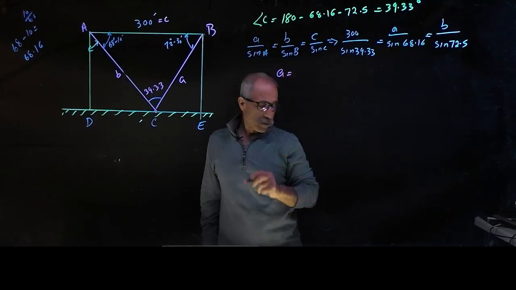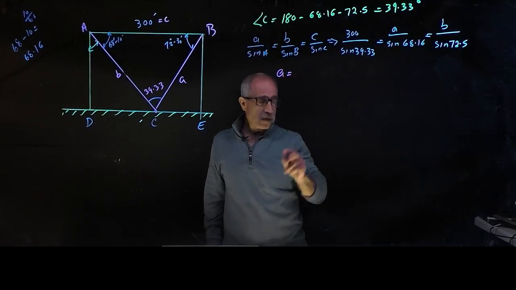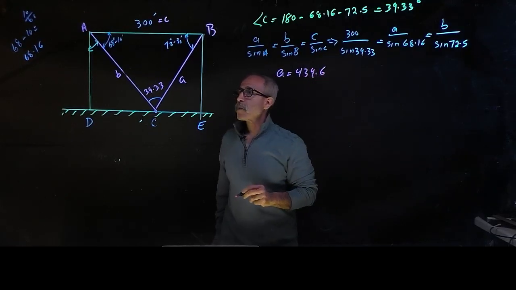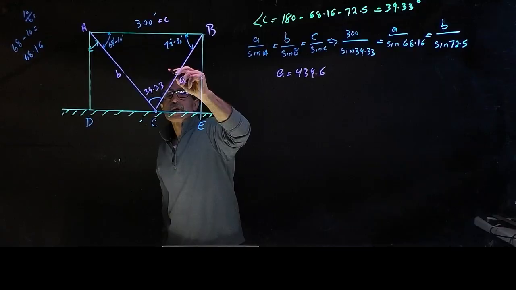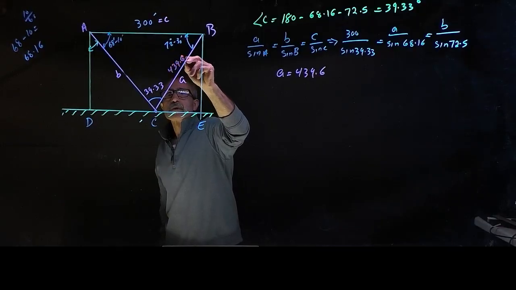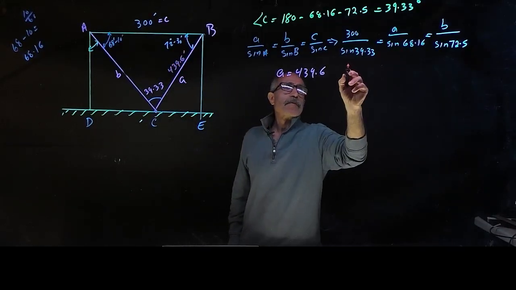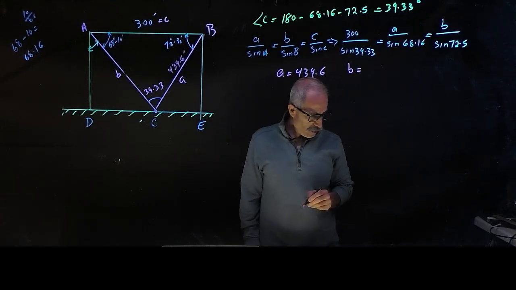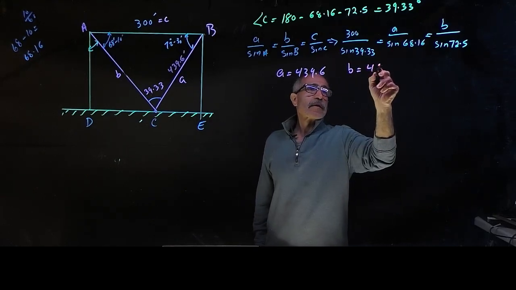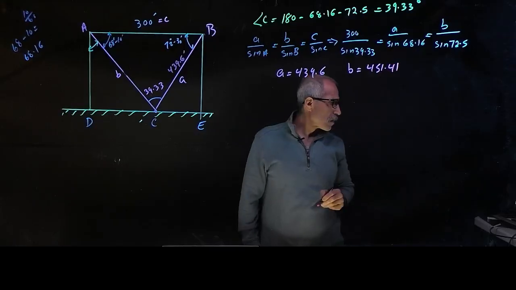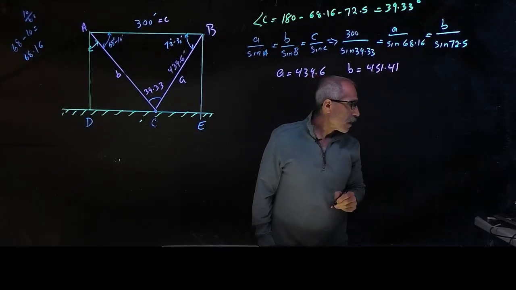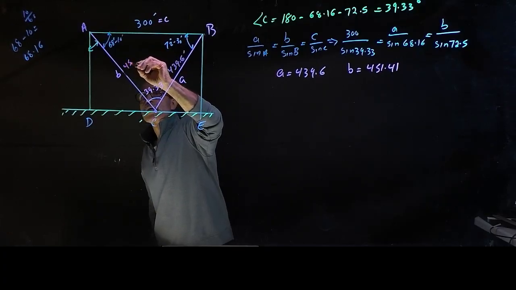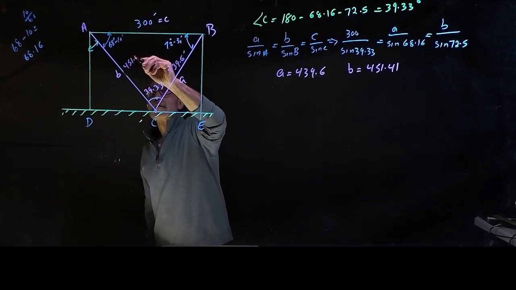A comes out to be 439.6. So A is 439.6 feet. And B comes out to be 451.41. And that's 451.41 feet.